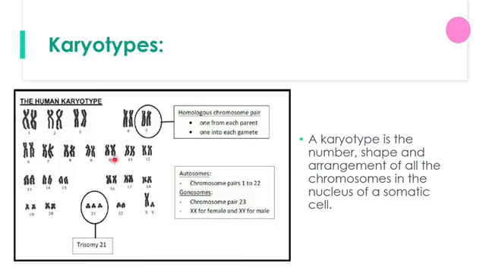They've arranged it there from 1 to 22 as your autosomes, and then the last one is your gonosomes.